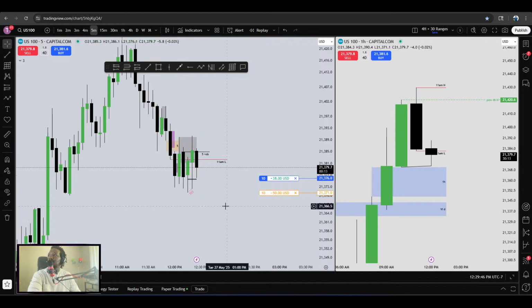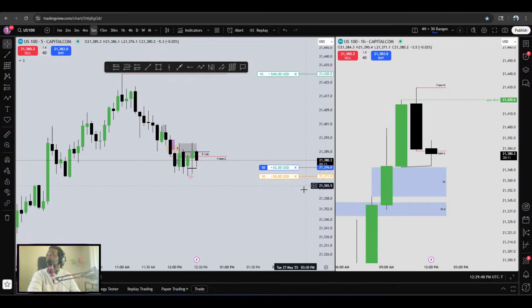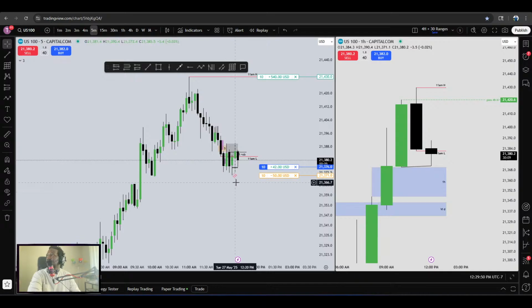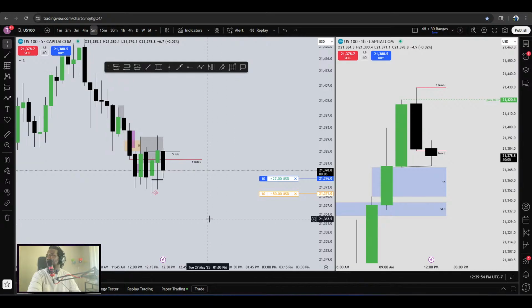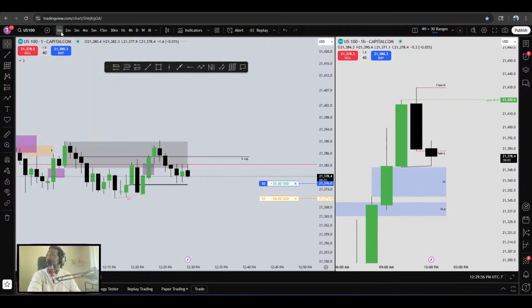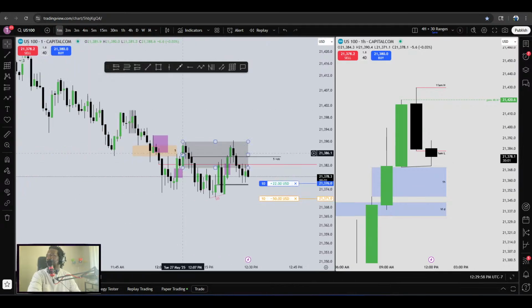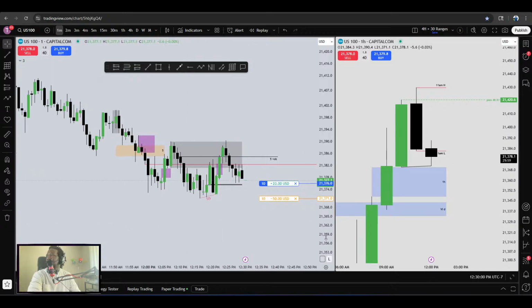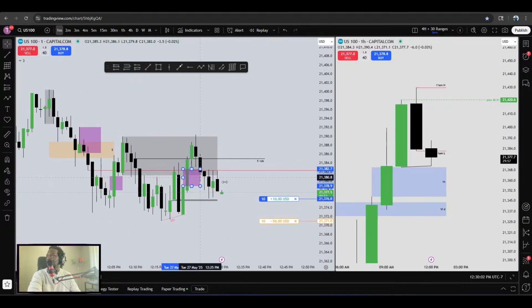Hey, can you decide to do what you want to do, man? What is this nonsense? So 1, 2, 3 candle closure below that. This is now inverted, my guys.